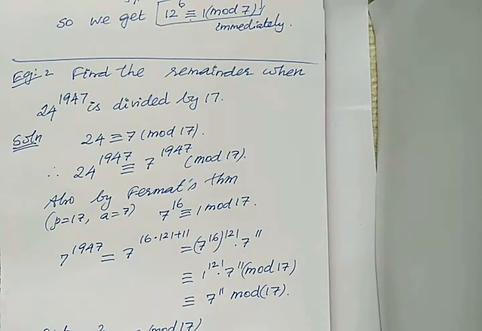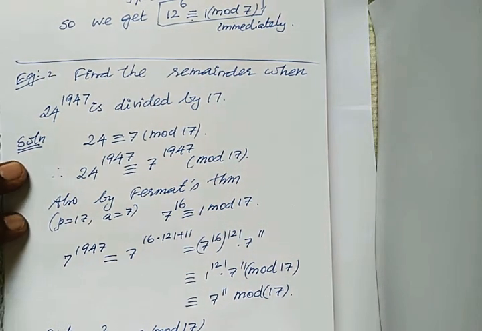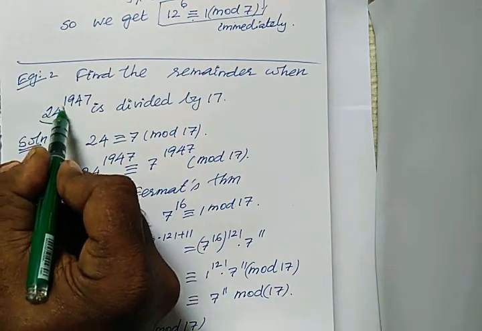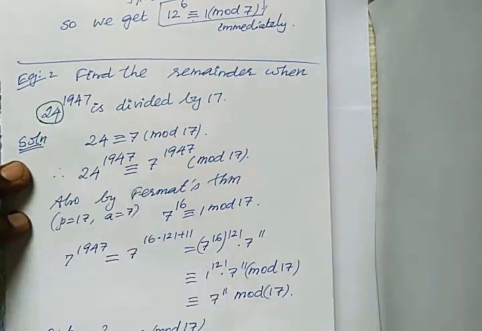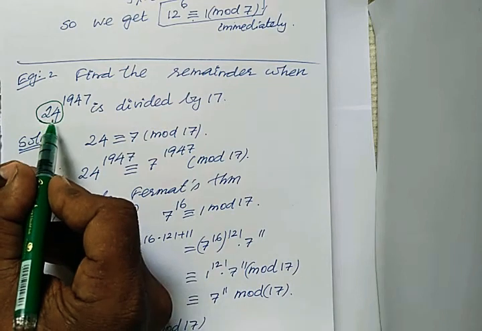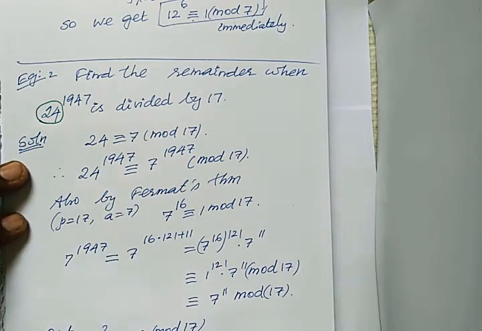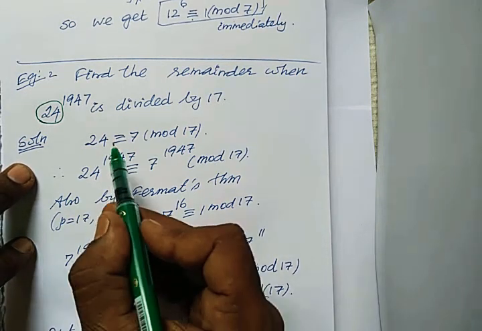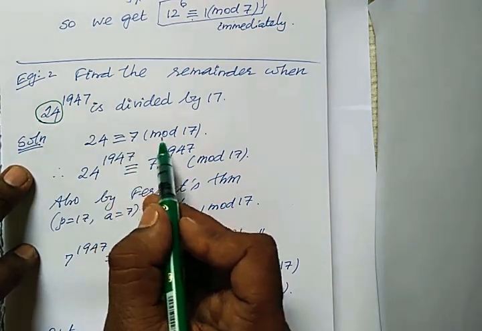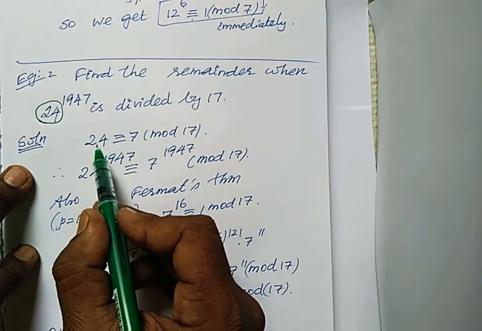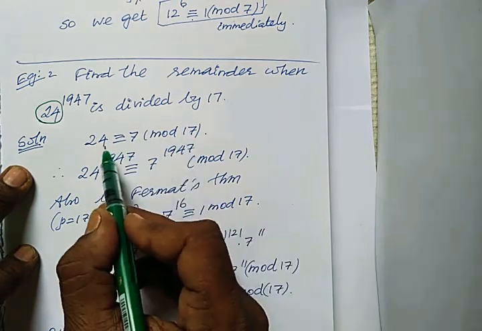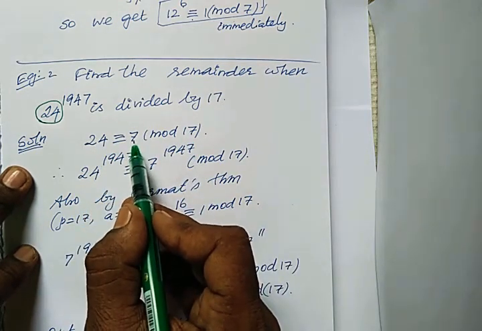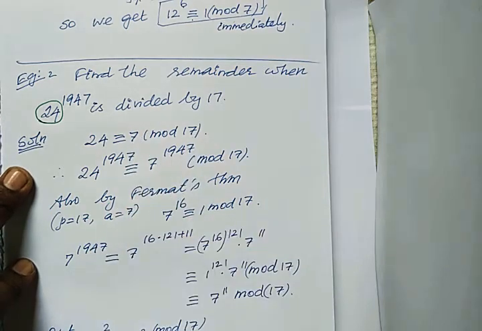Whenever such a problem comes, our first aim is to reduce this base. We need it to be a smaller number so that our calculation will be easier. Easy. 24 is congruent to 7 modulo 17, right? Just remove 17, so we get the remainder 7 modulo 17.